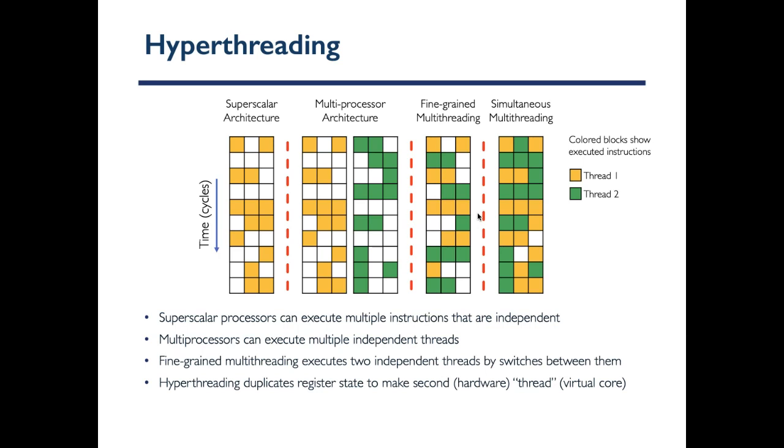Do these threads need to be from the same process? No, not really. As I said, we're talking about the hardware. The hardware doesn't really care. It says give me two PCs, two program counters, and for almost all the important registers, you have two copies of them.